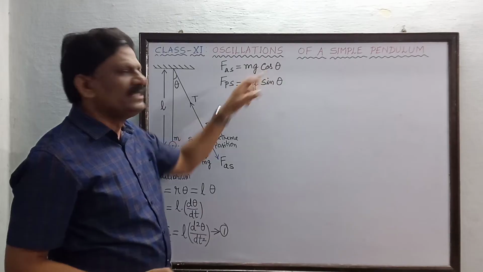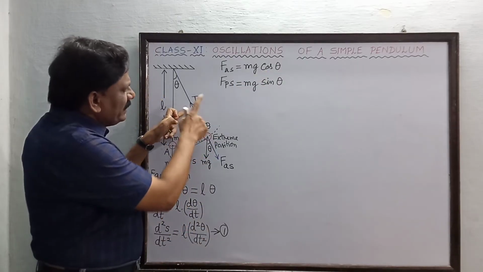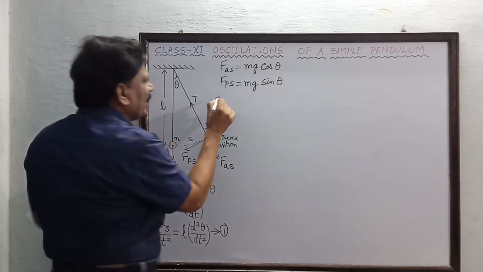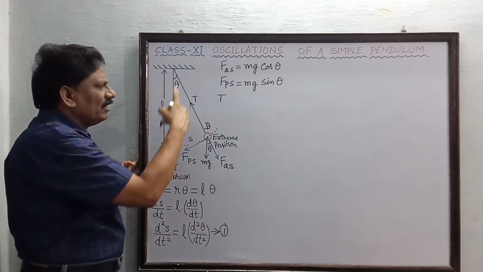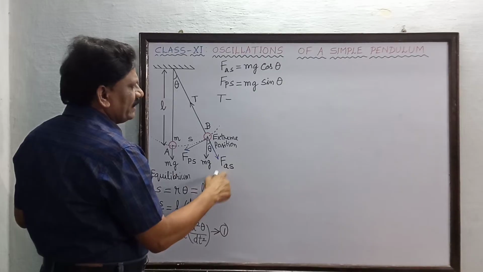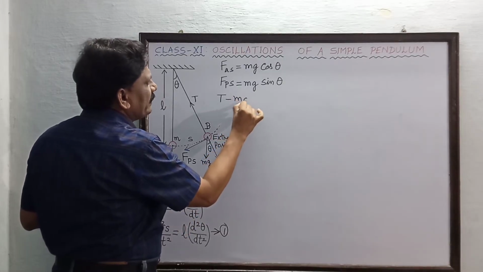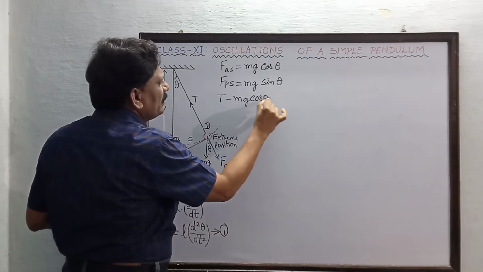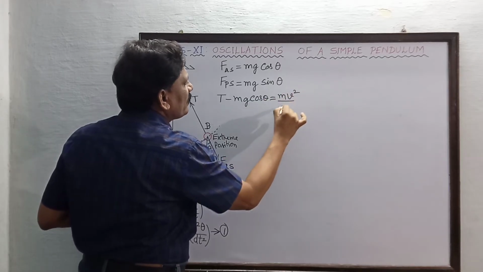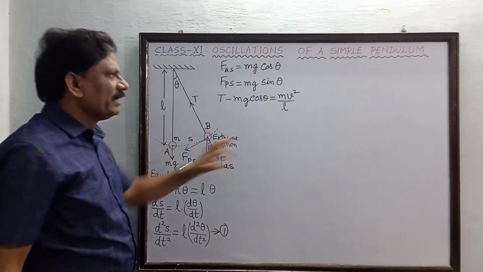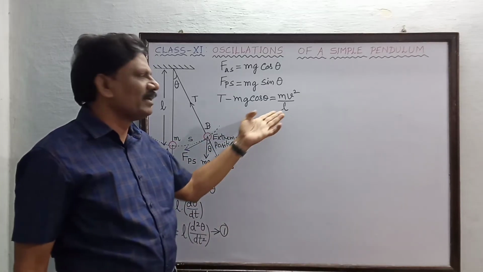And the other force mg cos theta is opposite to that of the tension. So the resultant force along the length of the string is T minus FAS, T minus mg cos theta. This must be equal to the centripetal force mv square by r. Here radius is equal to the length, so mv square by L.